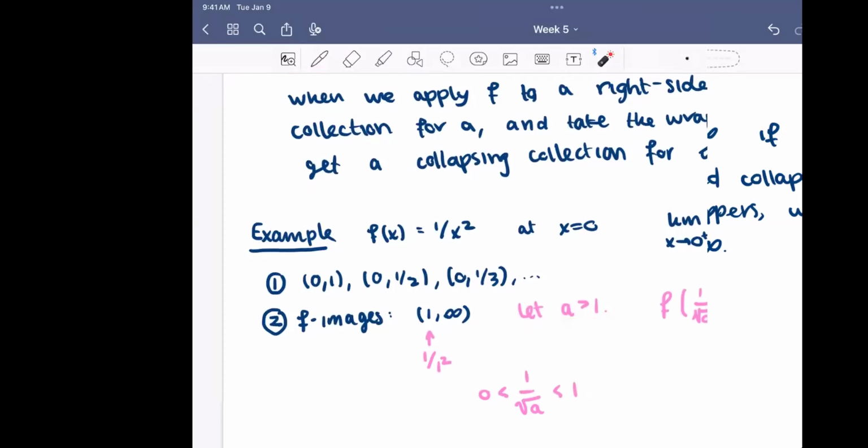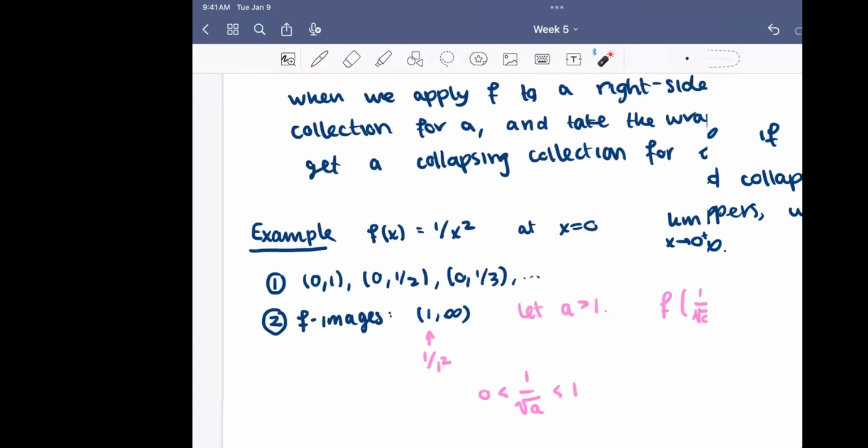Okay, so I feel like that was kind of a mess, so let me recap. We wanted to show that given any number in this interval, there is a number in this interval such that f of that is equal to the number that I took from this interval, which is a.